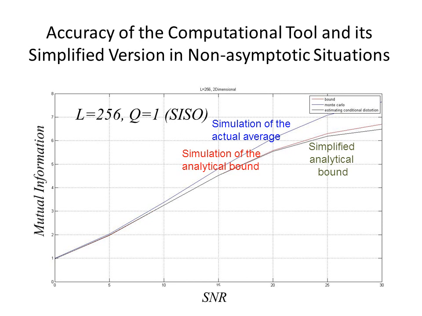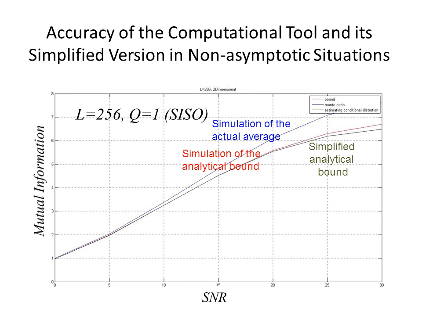Here in these curves, I have an example for the accuracy of those expressions that are in the article. So the blue curve here shows the simulation of a 256 point constellation with Q equal to 1, meaning the single real dimension system is SISO.